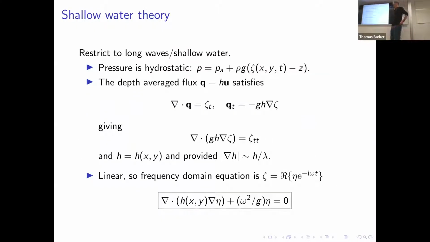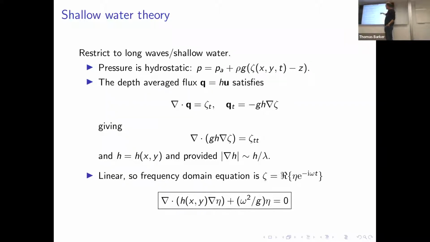Then I have shallow water theory, and I can use that as well. Shallow water theory assumes that I have long waves, shallow water, in which case I can develop some machinery. This is just a very brief explanation of what goes on here. I can assume that the pressure is hydrostatic, it's just driven by the surface elevation.